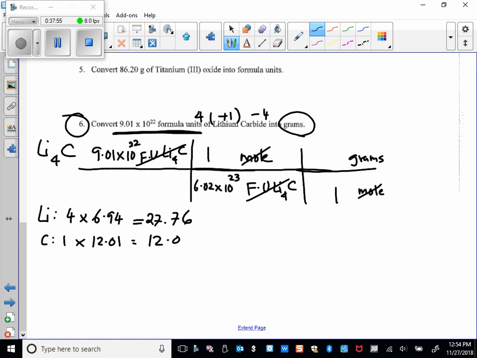Did I do this right? Are you getting the same answer that I am? Is it 39.77? Is that right? Okay, where do I substitute this number? In the grams. So I substitute 39.77 here. Are you with me?